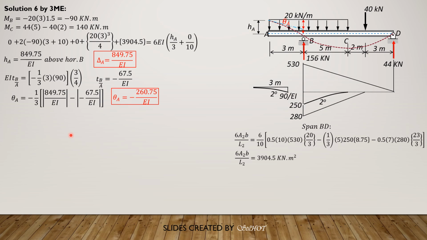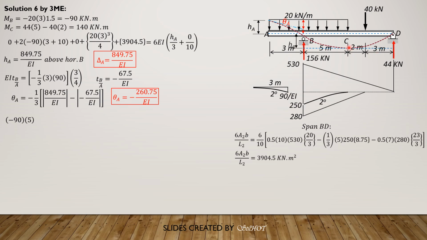So next, we consider the beam BCD, or the spans BCD. So moment at B is negative 90, then span BC is 5, plus 2 times moment at C, which is 2 times 140 times 5 plus 5.